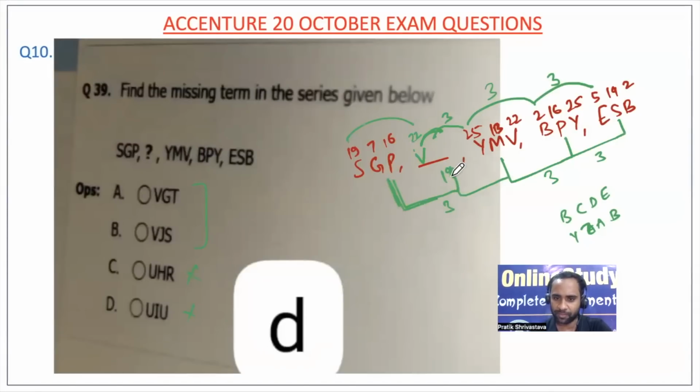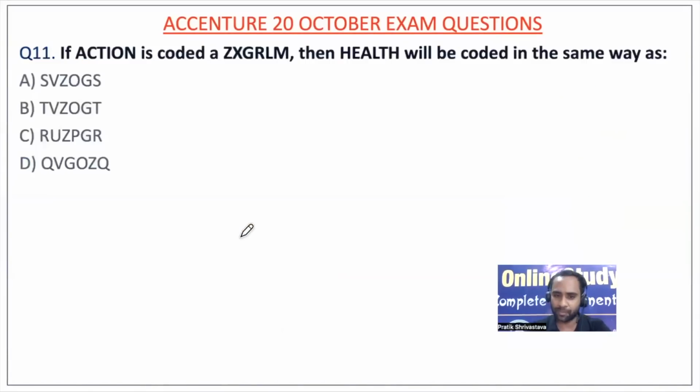So 7 plus 3 will be 10, and then 10 plus 3 will be 13. So now the second letter is 10. So EJOTY, this also I have told you: 5, 10, 15, 20, 25. So now here we will be having J. So VJ means option B. So option B will be the correct answer. Third letter, I don't want to know, because we are easily able to eliminate the options.